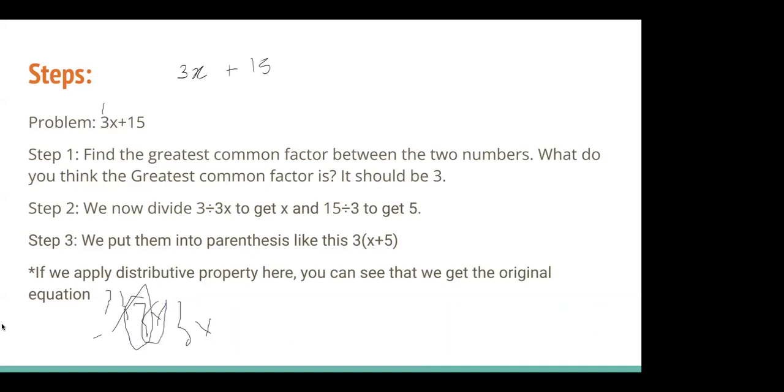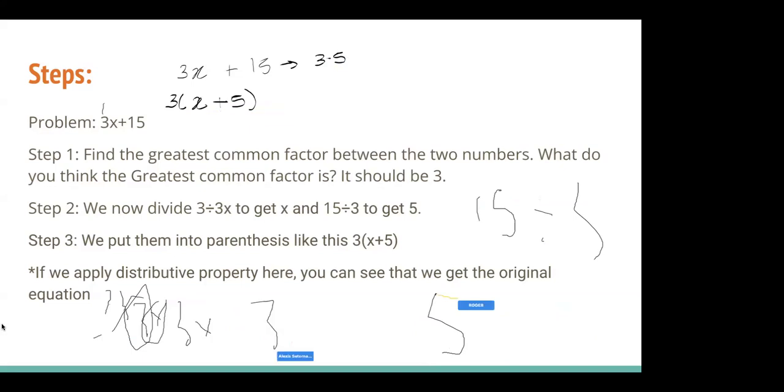Then you divide 15 by 3, which is 5. Your 5 is here. Then put it into parentheses or the bracket. So the 3 that you factored out, you bring it here. Then into the bracket, you write the x that was left, then plus the 5 right here.